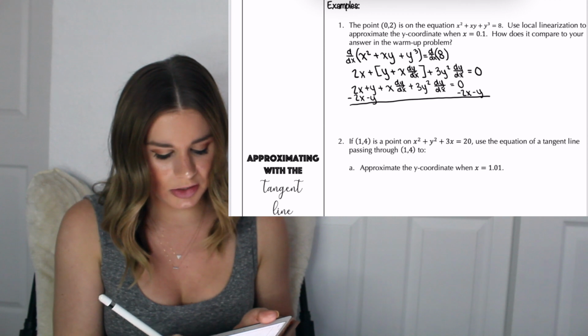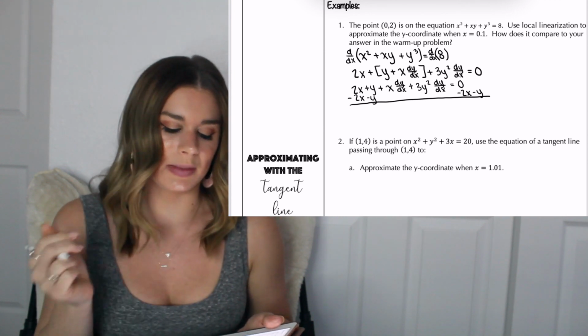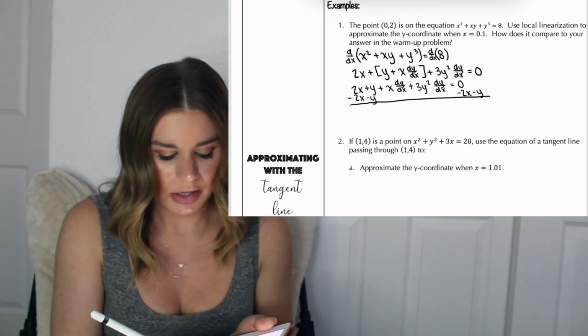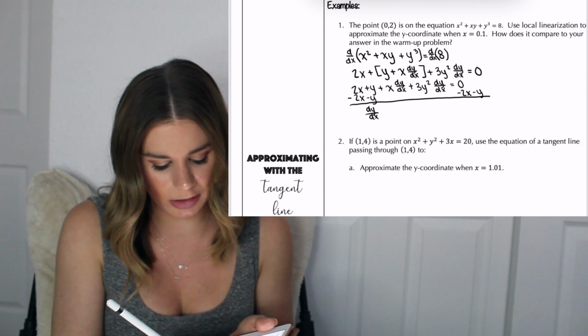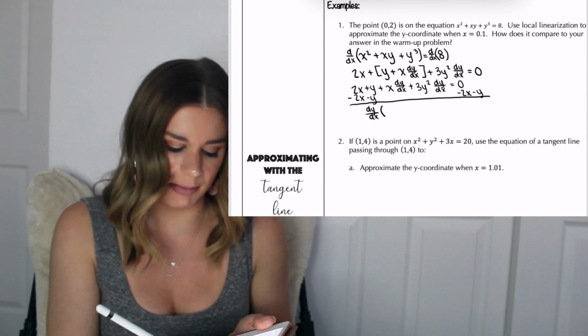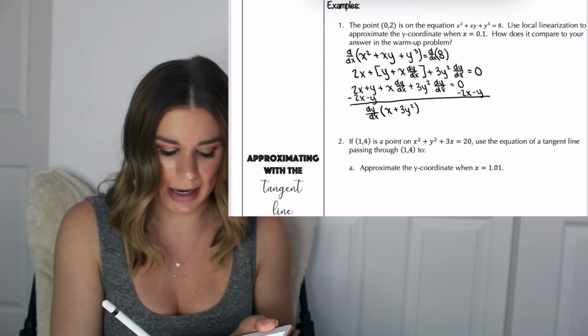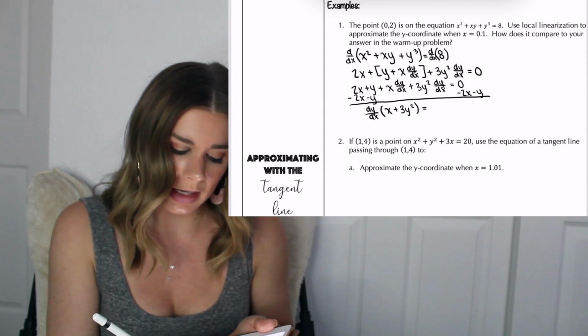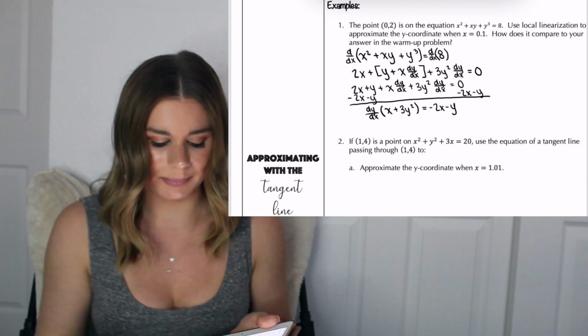And we are going to simultaneously, in the next step, factor out that dy/dx because we want to solve for it. So I'm going to factor out dy/dx from the two terms that are left on the left-hand side of my equation. So dy/dx times x plus 3y squared is equal to negative 2x minus y.